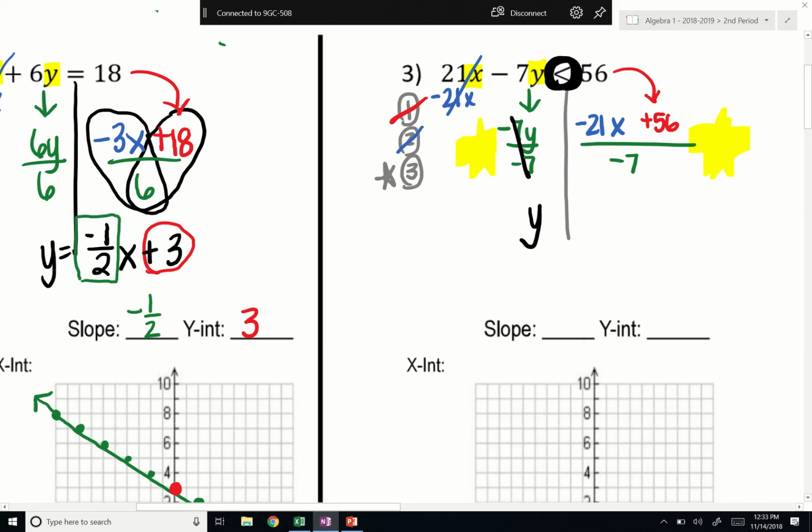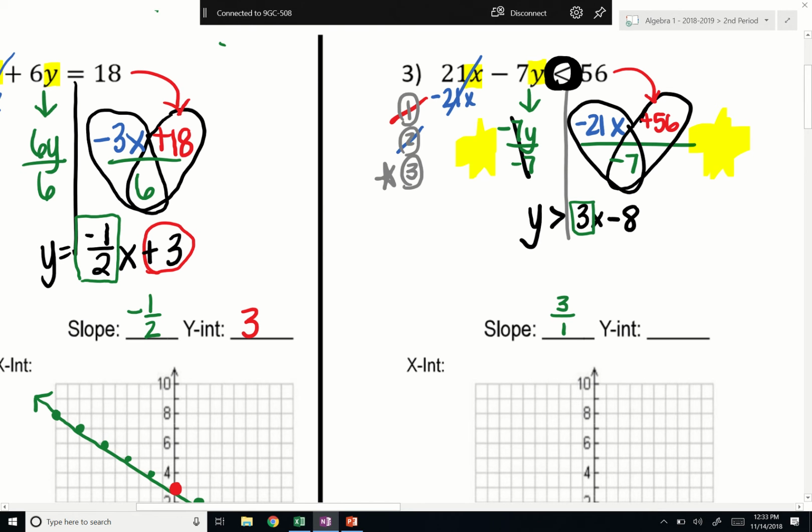We've got y is not less than. What does it become? Greater than. And then don't break the heart. Negative divided by negative is going to turn positive. So how many x's do I have? 3 x's. And then a positive divided by negative is going to stay what? Negative. So again, we can still identify our slope and our y-intercept, right?